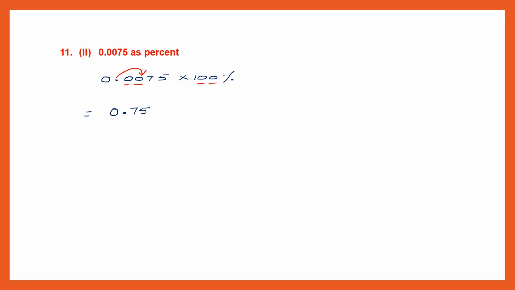So my answer is 0.75%. This is a very easy way of doing it, but you need to see which method is being taught in your school and do it accordingly. So whenever you have decimal numbers to convert to percent, if you multiply by 100 and move the point two places to the right, you will reach your answer easily.